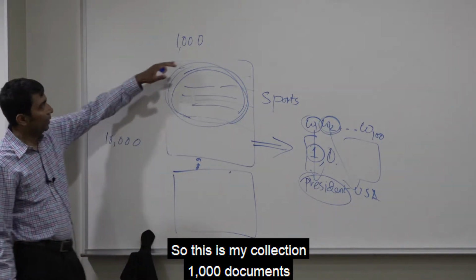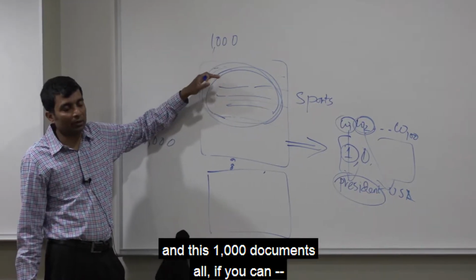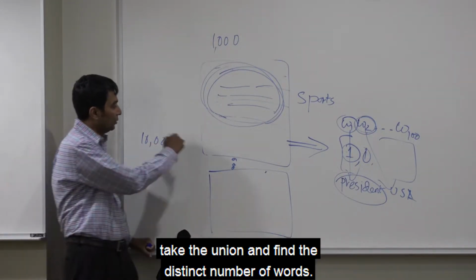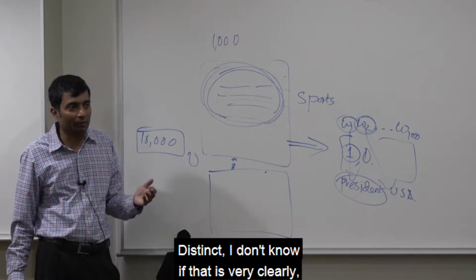So this is my collection, 1,000 documents, and I want to label them. If you take the union of all these documents and find the distinct words, how many distinct words do we have?